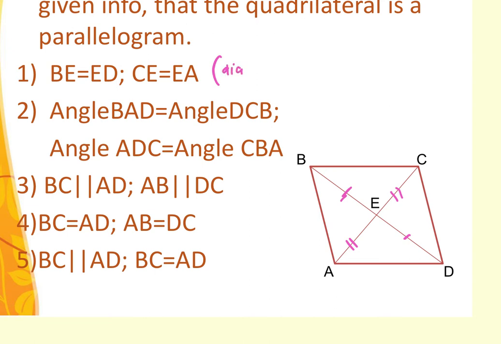Okay, diagonals bisect each other. I'd rather you not stress about the number. Diagonals bisect each other, or the parallelogram diagonals converse. You got to make sure you use converse here. It's really if diagonals bisect each other, then it's a parallelogram because it's got to be the converse.